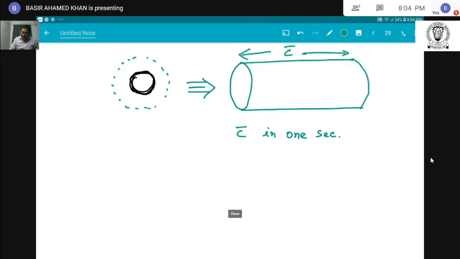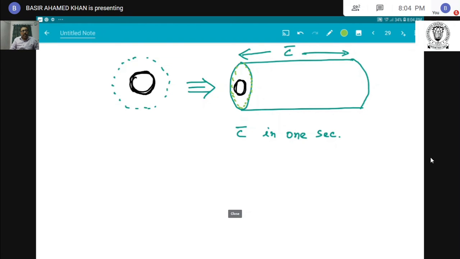So this is the molecule, and this is the sphere of influence.